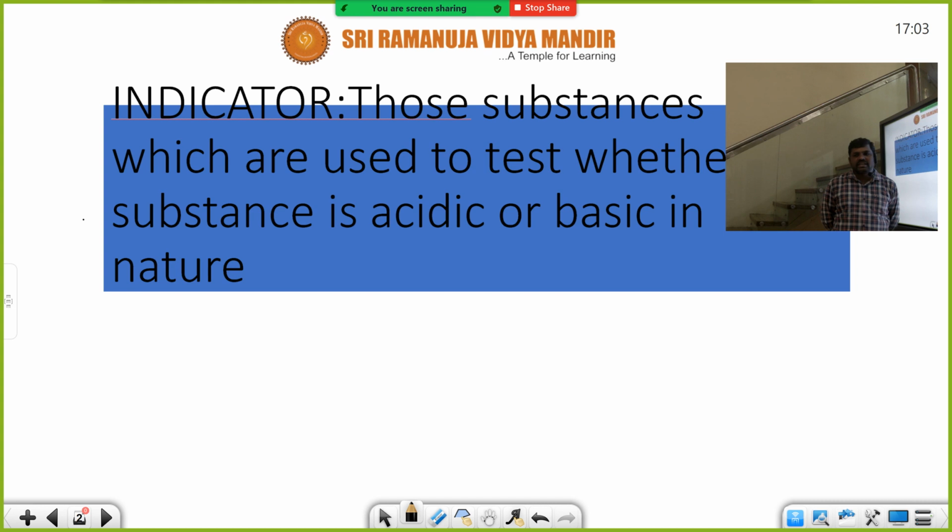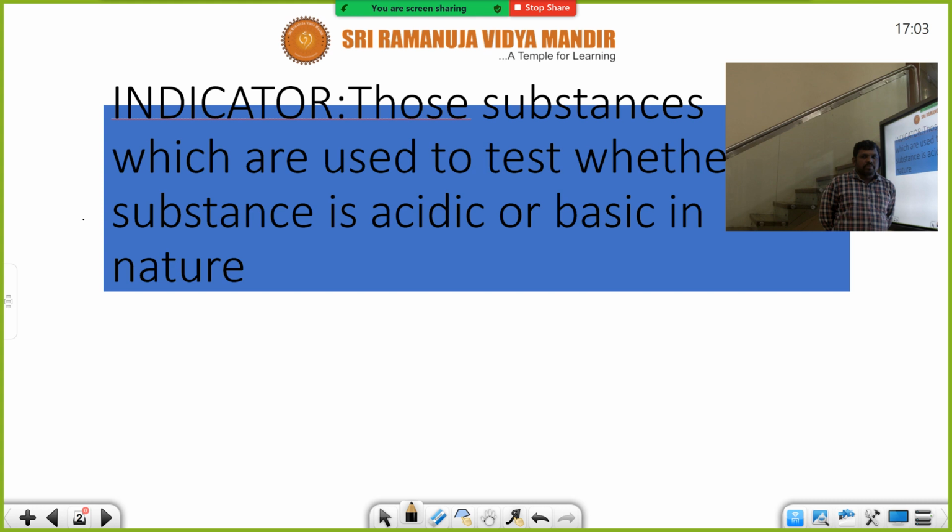One more natural indicator is China rose. It is also called hibiscus. China rose petals soaked in hot water become a pale pink color. When this pink solution is added to acid, it gives the red color, a brownish red, which indicates the acid.